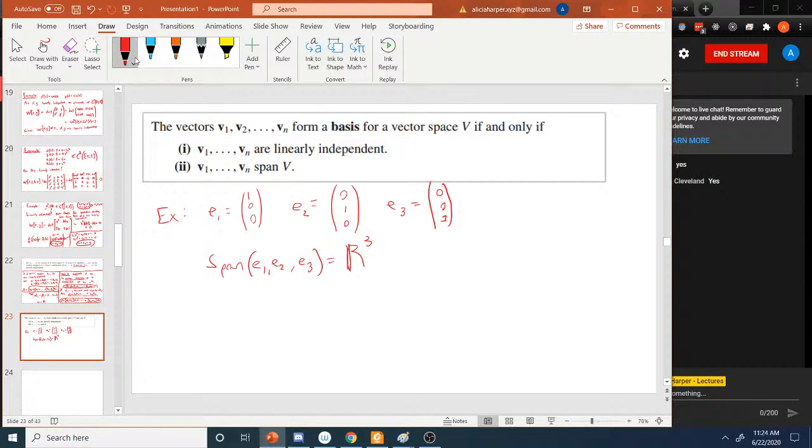And it's very easy to observe that they're linearly independent. All you really do is arrange them into a matrix and you get the identity matrix. But the identity matrix has determinant 1. So because that's true, they have to be linearly independent. So not only is the span of these three vectors equal to R3, but they're linearly independent. So e1, e2, and e3 form a basis.